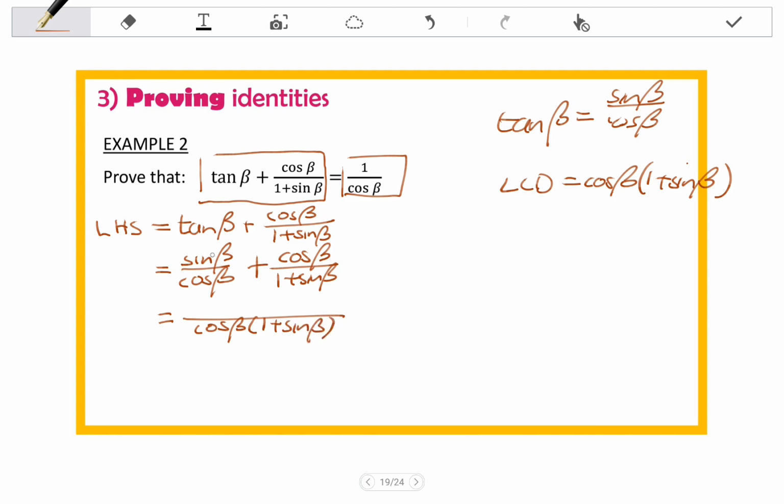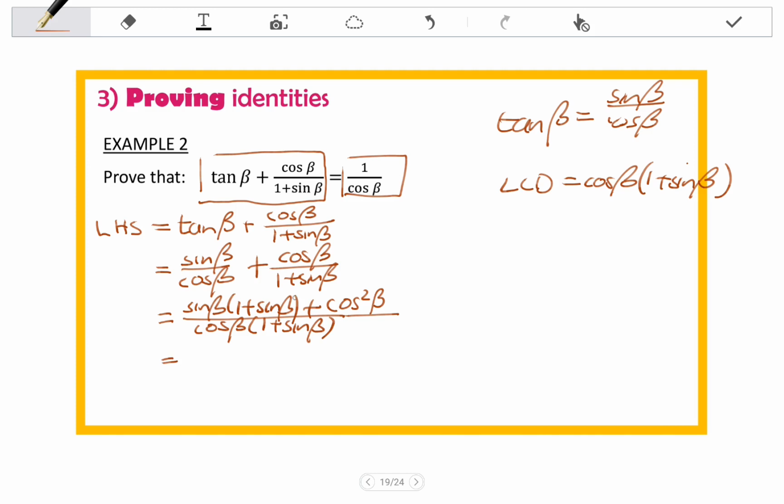Okay, to change the denominator of the first fraction, I multiply by the bracket 1 plus sine beta. So I do the same to the top. To change the second fraction's denominator, I multiply by cos beta. So I'm going to do the same to the top. So I have cos beta times cos beta, which gives me cos beta all squared.